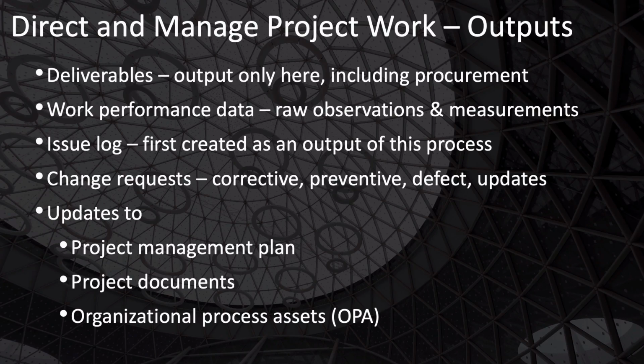Next we have some common ones: change requests to make changes such as corrective changes, preventive changes, defect repairs, or updates to the project management plan and other documents, and updates that don't require change requests as well. These are common in many other processes.